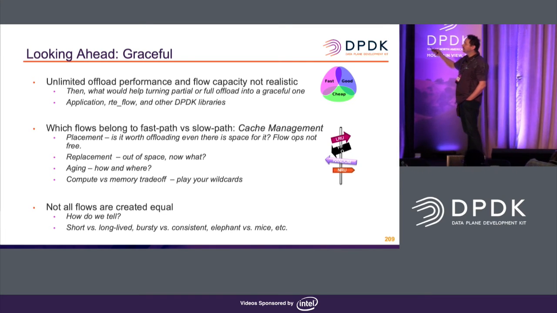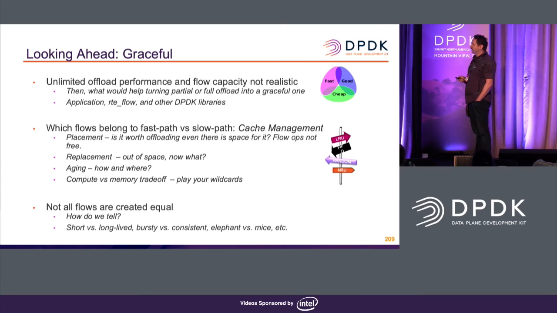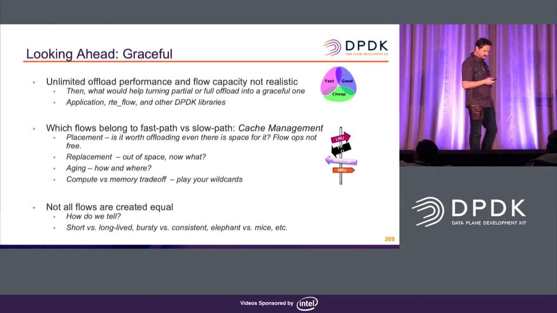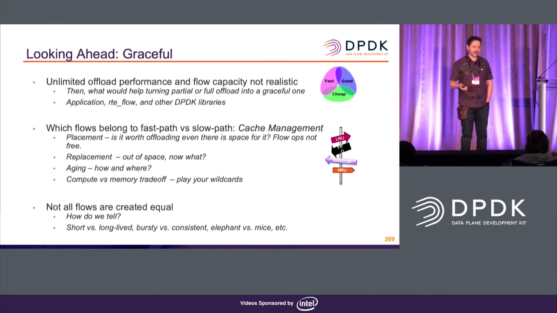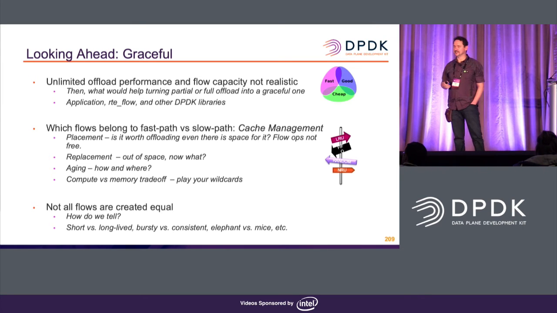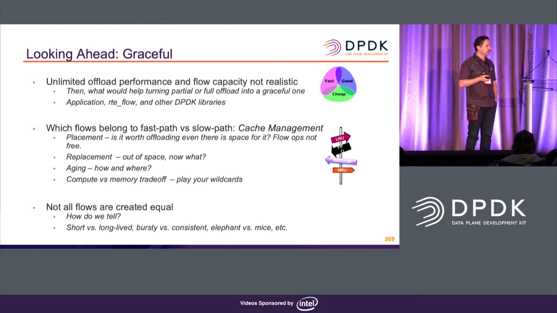So one discussion is a classical one, but it's very relevant: which flows belong to which of these paths. There's a fast path and a slow path, and the only thing this reminds me of is actually CPU cache management, along with its 20+ years of legacy research, right? Same thing here. If you are to offload this, first of all, you're going to place it. Even if you had the space, is it really worth putting it in there?